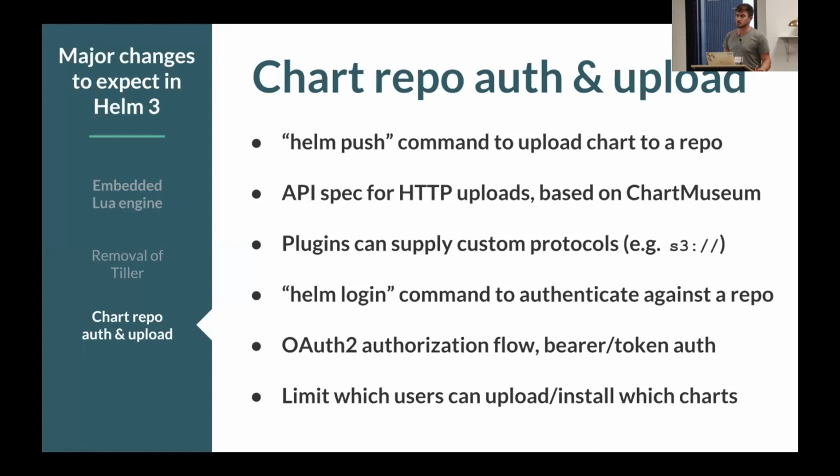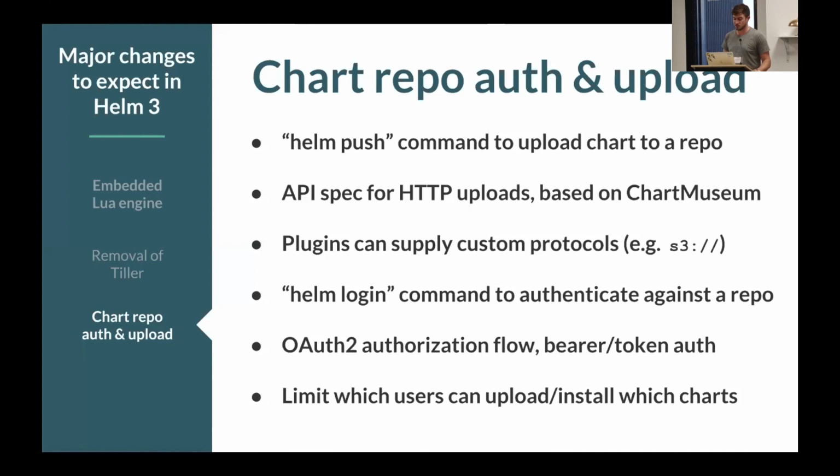Part of that reason is there's really no opinionated way to spin up a chart repository. Any HTTP serving thing can be a chart repository: S3, GitHub Pages, etc. So ChartMuseum has an HTTP API for uploading your chart to a repository.